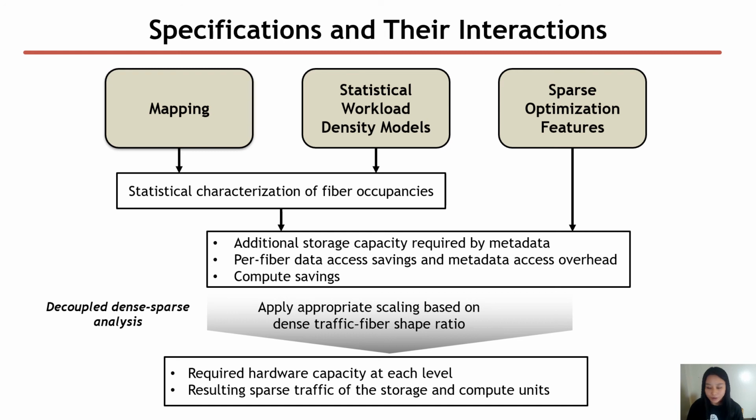And this falls back to the point that we do want our analysis to be decoupled and thus have tractable complexity. And by applying this appropriate scaling, we're then able to generate the required hardware capacity at each level, as well as the resulting sparse traffic of the storage and compute units. And you can imagine this information will be used together with the hardware attributes of the architecture components and finally arrive at the amount of energy consumed and the amount of cycles spent.